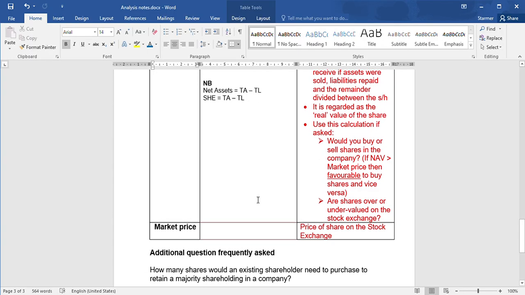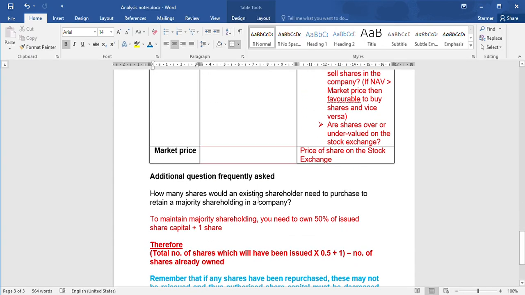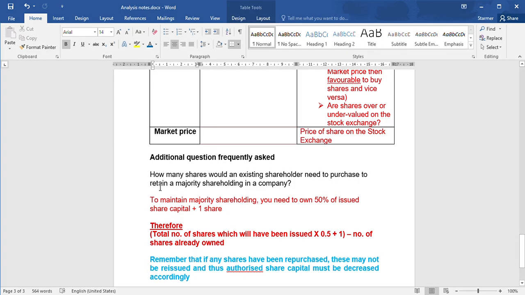Now just a couple of other additional questions frequently asked here. This one in particular: how many shares would an existing shareholder need to purchase to retain a majority shareholding in a company? To have a majority shareholding, you need to own 50% of issued shares plus one share.